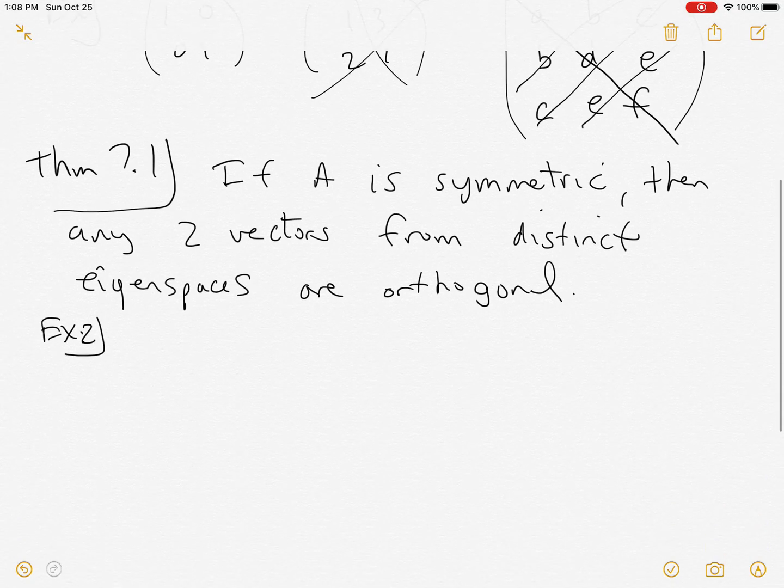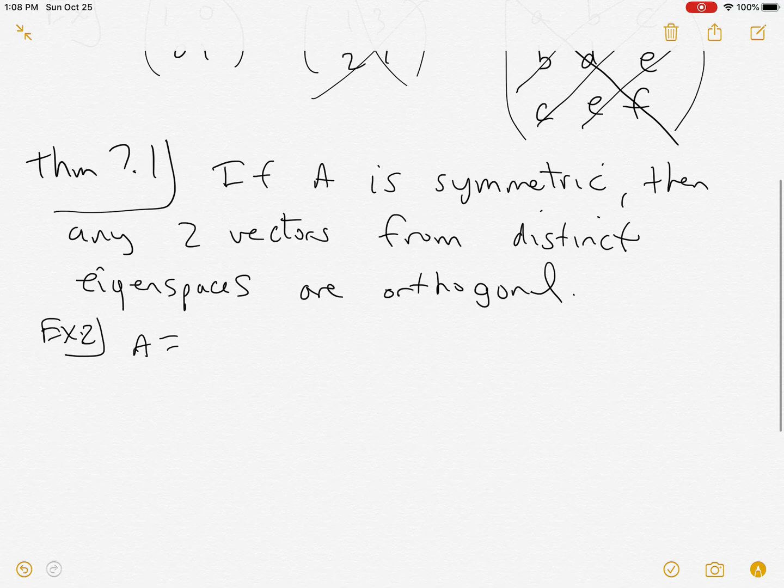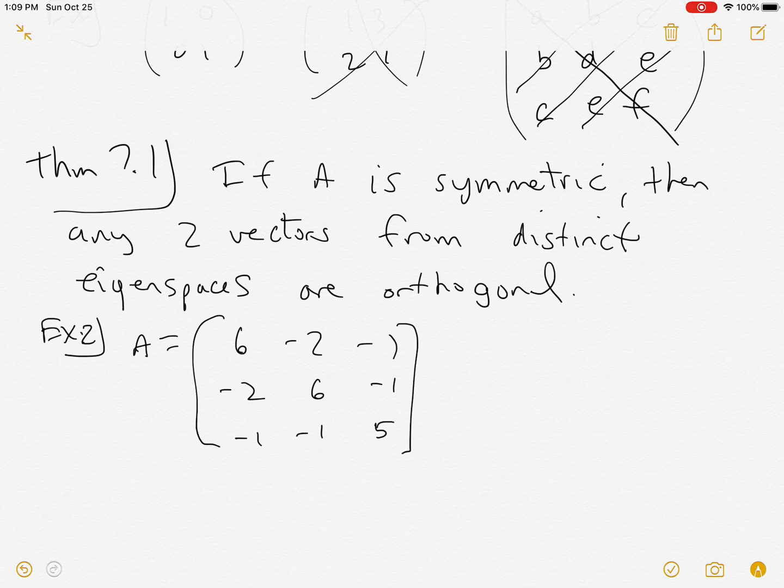If you're given the matrix A, which is 6, minus 2, minus 1, minus 2, 6, minus 1, minus 1, minus 1, 5. Okay, so the eigenvalues of A are 3, 6, and 8. All right?